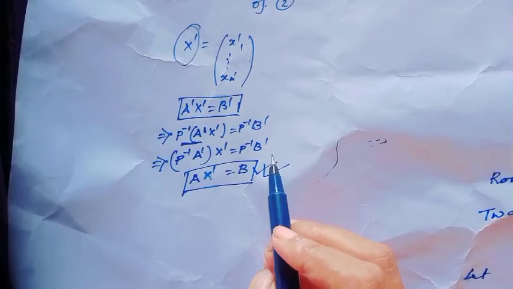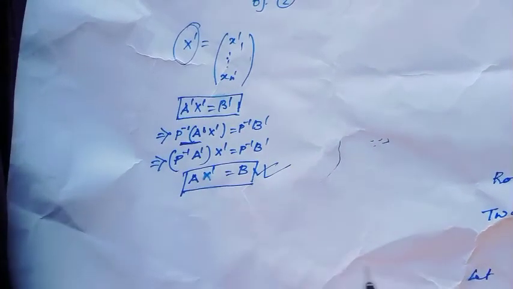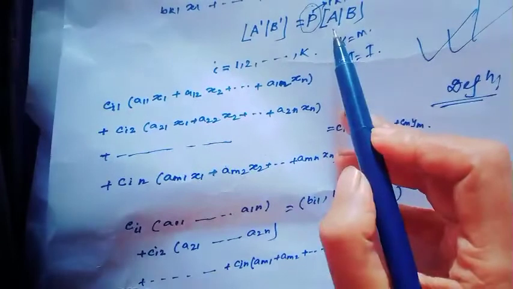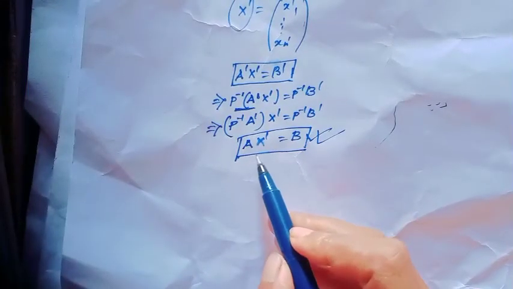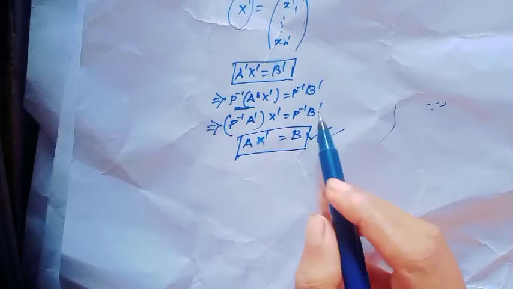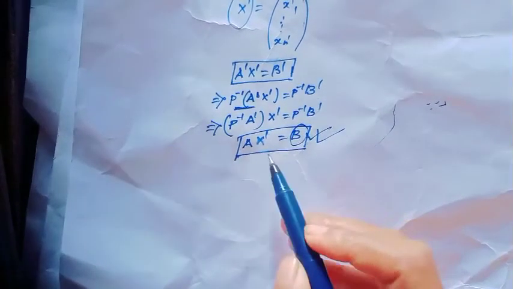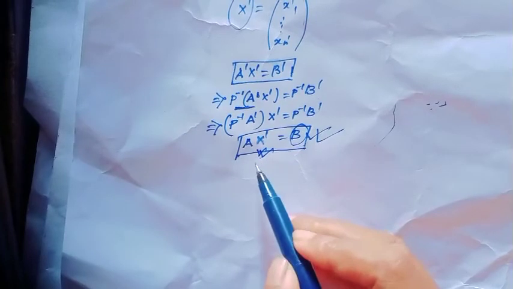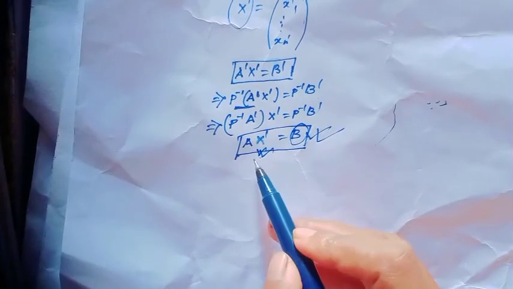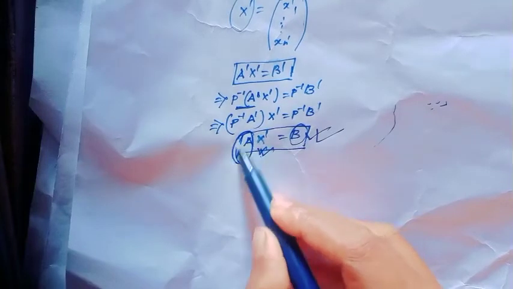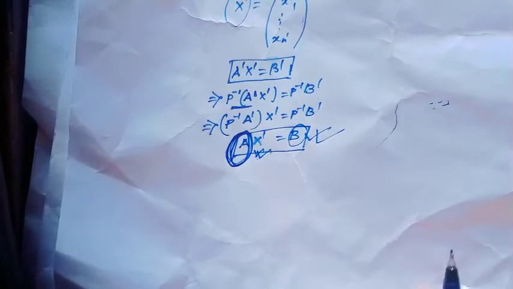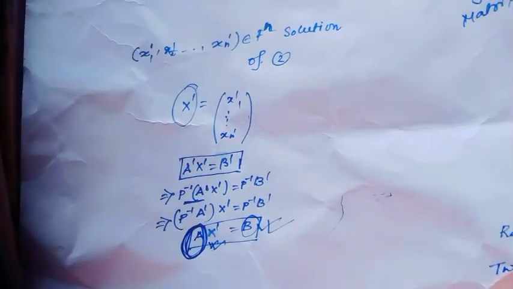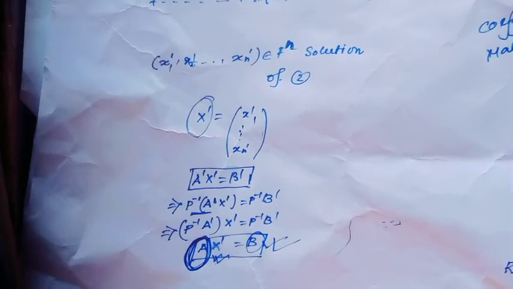And P inverse A bar means this matrix A. So just putting in the values, this would be A x bar equals B, since P inverse b bar means B. That means this solution x bar is also a solution of the old augmented matrix A. Have you understood this geometry? I hope all my viewers have understood this geometry in a better way.